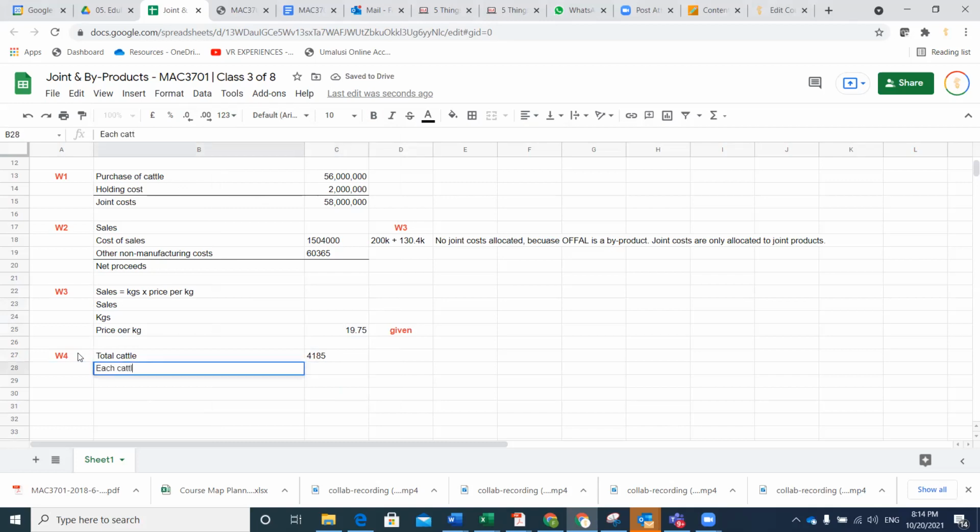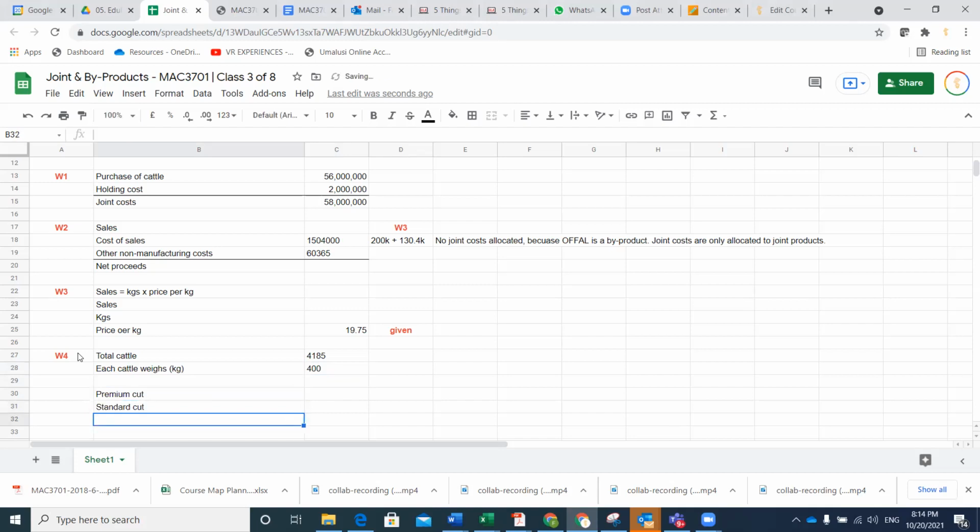Each cattle weighs in kgs 400. Okay, so we know that. Now, what we're going to just say, this is premium cut. It is standard cut.